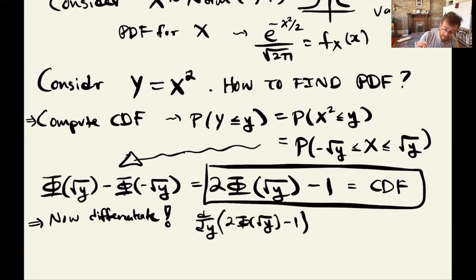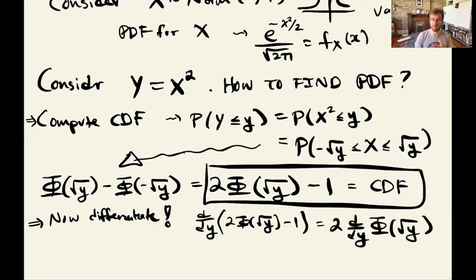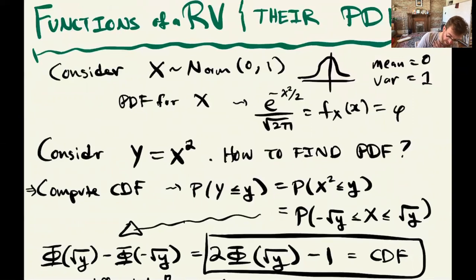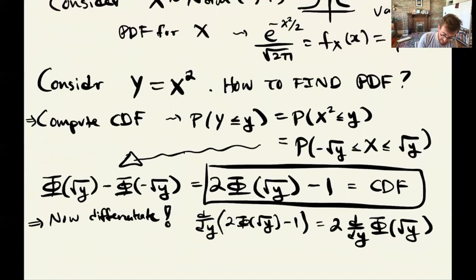The derivative of a constant is 0, so now we're just left with 2 times the derivative of capital phi of square root of y. But remember, what was capital phi? Well, capital phi was the CDF of the unit normal, whose PDF we also sometimes call little phi. So if we differentiate this, we get back to little phi, with value square root of y. But then we also need to use the chain rule.